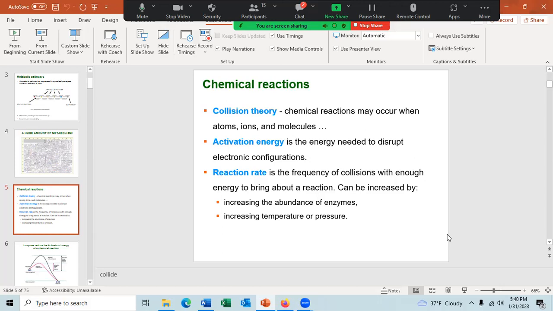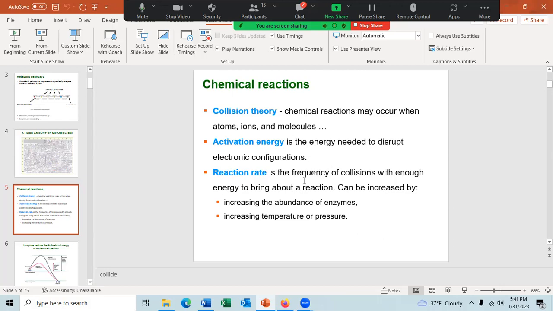The activation energy is the energy needed to disrupt the electronic configurations of the molecules that collide with each other to convert it into the products. So the activation energy is the energy needed to disrupt essentially the chemical bonds of the starting substrate and then convert it into the product.